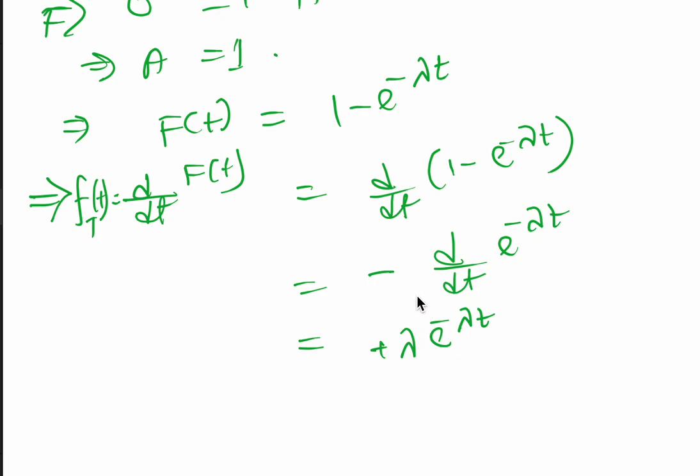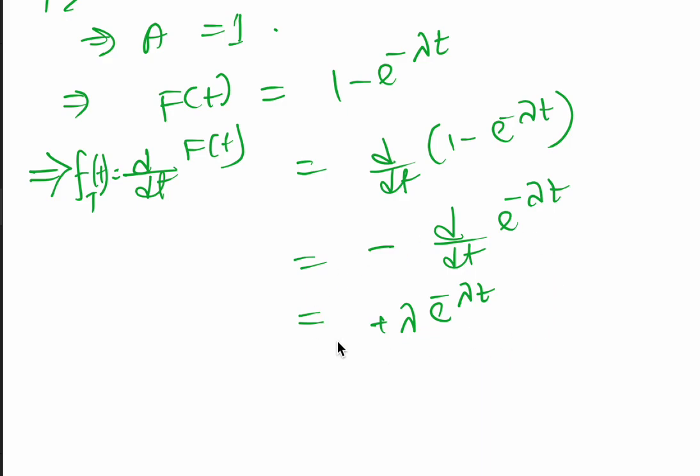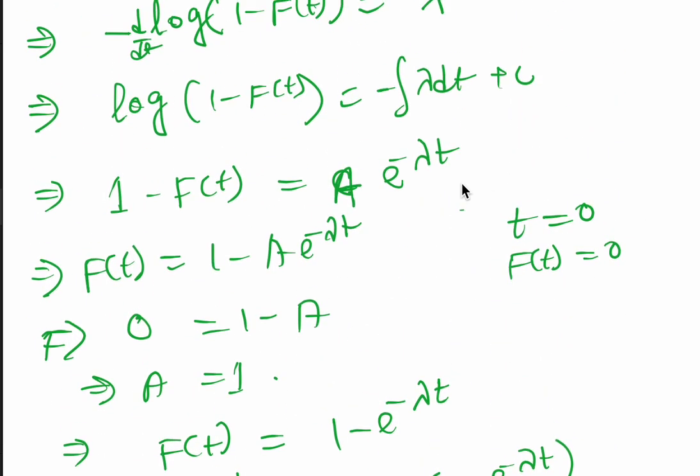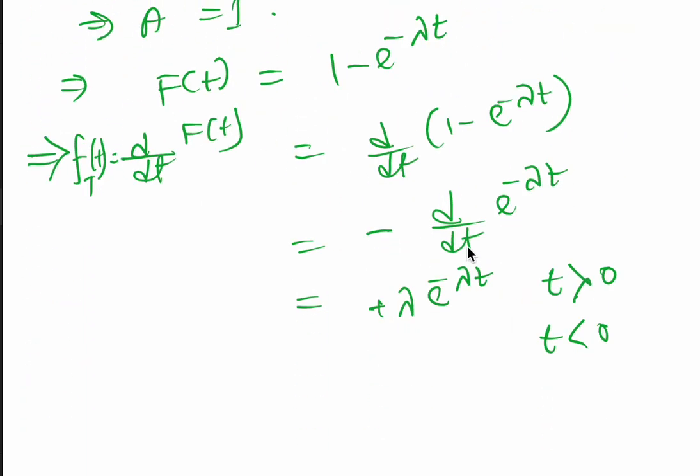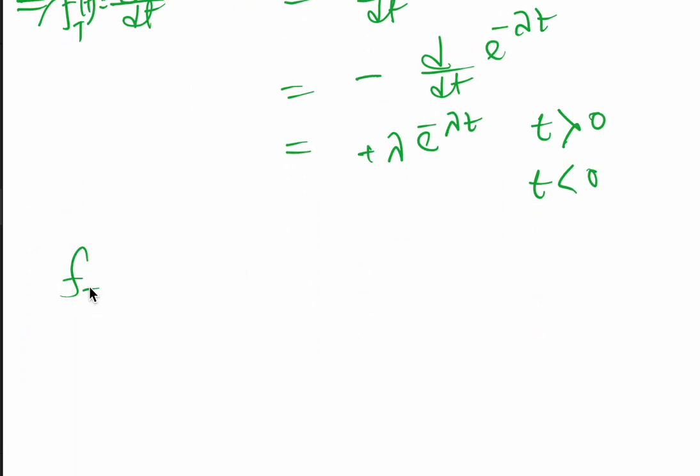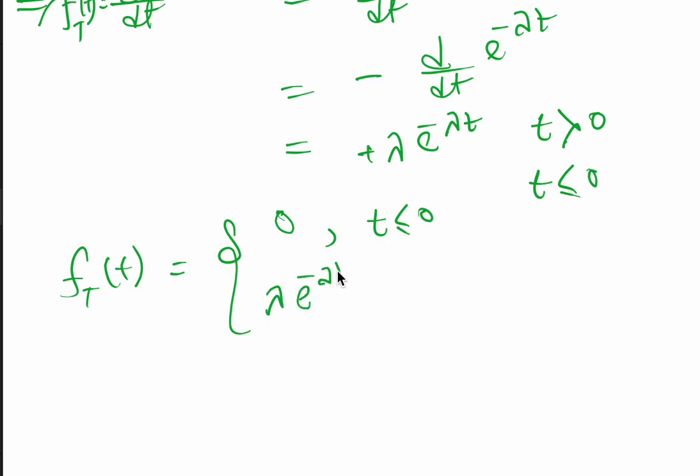So this is the solution for t greater than 0, and for t less than 0 the probability density will be 0. So that means the probability density function f(t) is 0 for t less than or equal to 0 and is lambda e to the power minus lambda t for t greater than 0. So that's it.